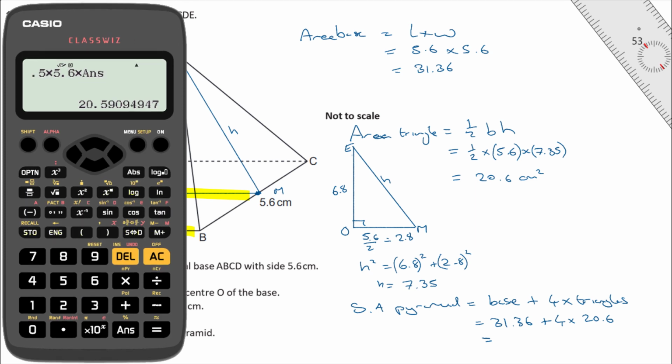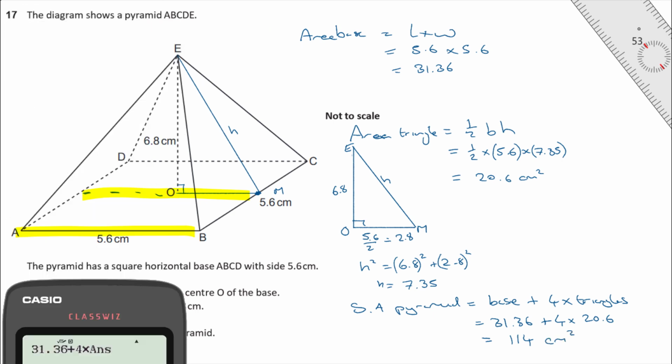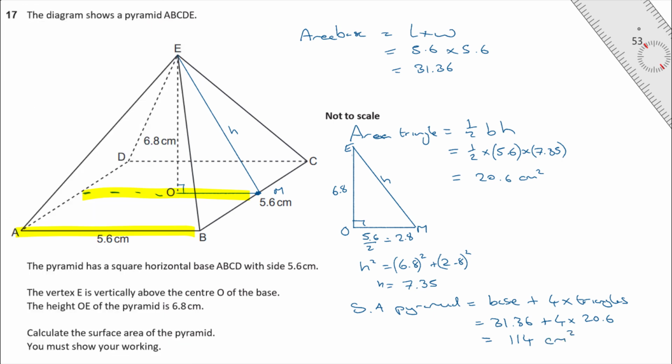Multiplying 20.6, what's on my calculator display, by 4, and then adding on the base, which was 31.36. That comes out to be 113.7, which I'm going to round off to 114 centimeters squared. 3 significant figures seems appropriate. And that's going to be my final answer, 114 square centimeters.